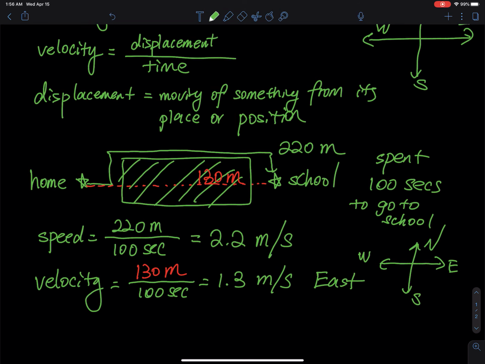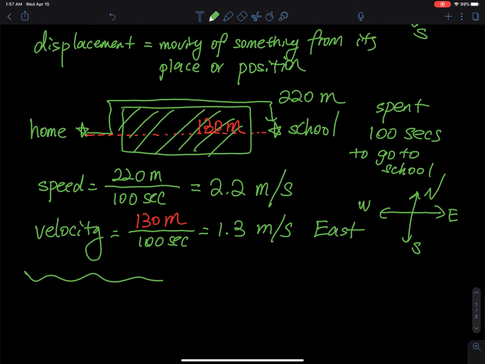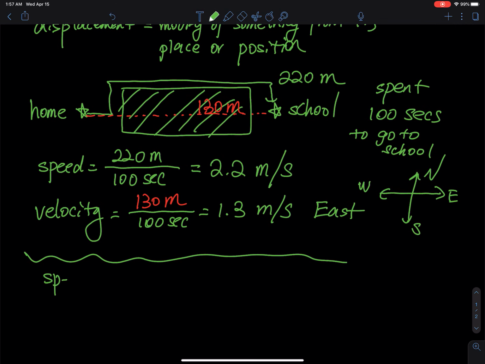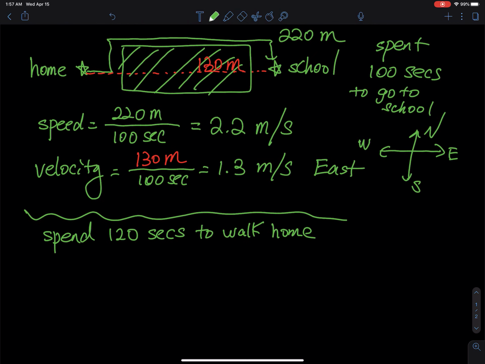Now I want to do more things with it. So let's say after school, I'm trying to go home. Let's say when I go home, I walk slower because after school I am tired. So let's say I spend 120 seconds to walk home. What is my speed? Before we get that, how much time did we spend?